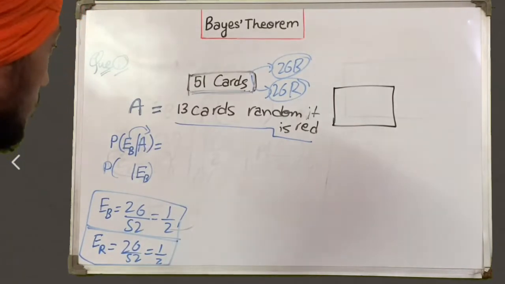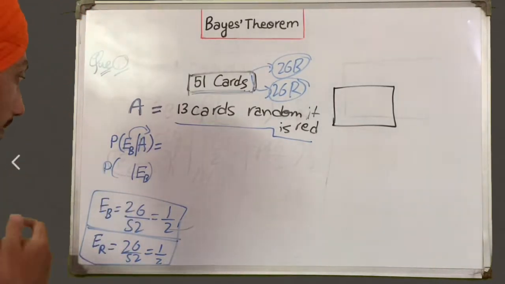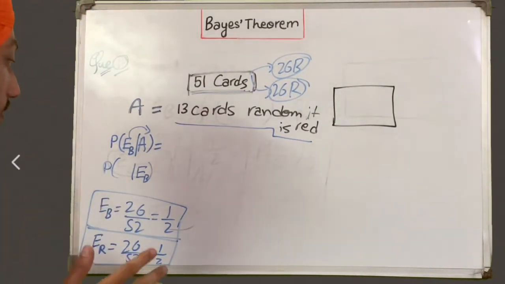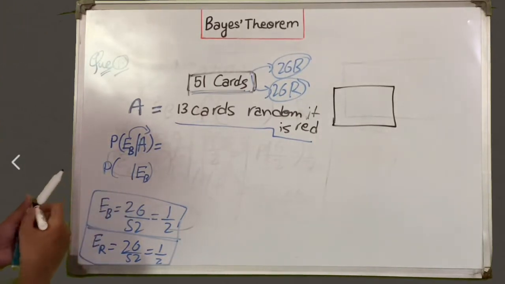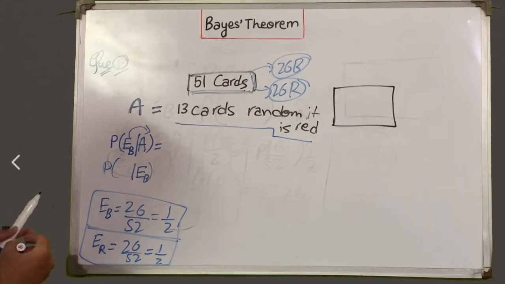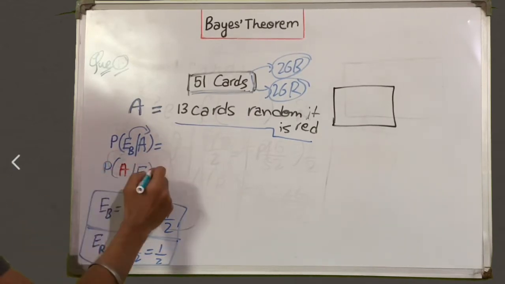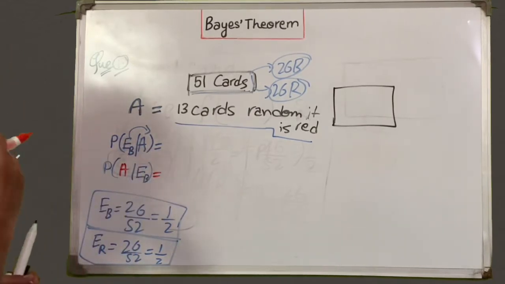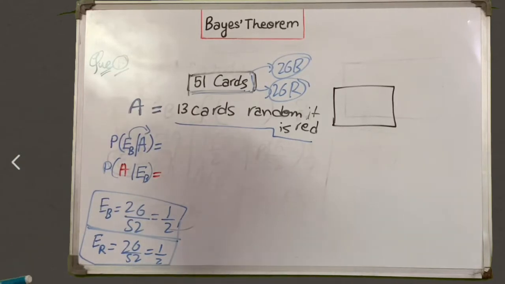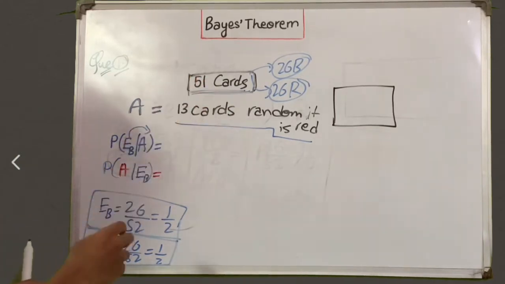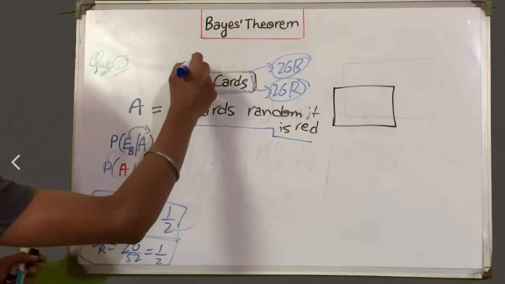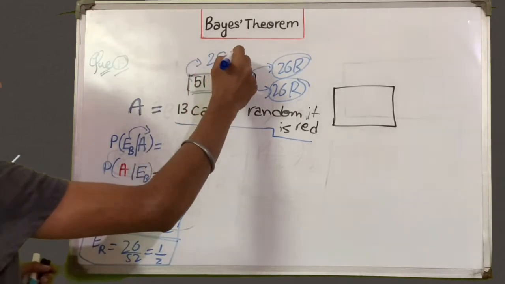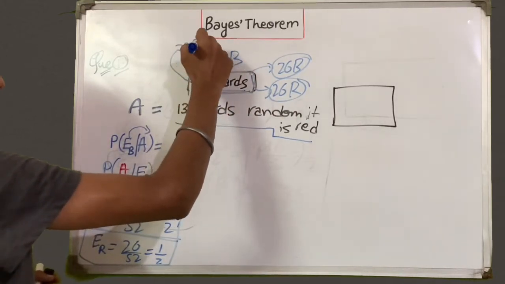Now, if we reverse this process, let's imagine this question in a different way. We have A denoting this event. If we say that the missing card is black, and what's the probability now? We know that if your missing card is black, there should be 25 black and 26 red.